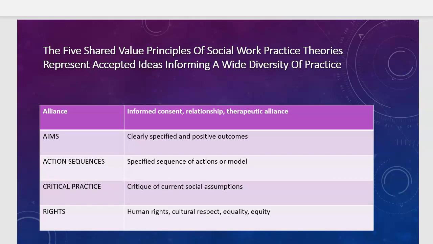In other words, how can you adapt the theory to make it more effective for your client? Does it allow for a critique of the assumptions that underlie the theory? In other words, does it exclude parts of our population or make assumptions that may reflect negatively on our client population? And then number 5, human rights.